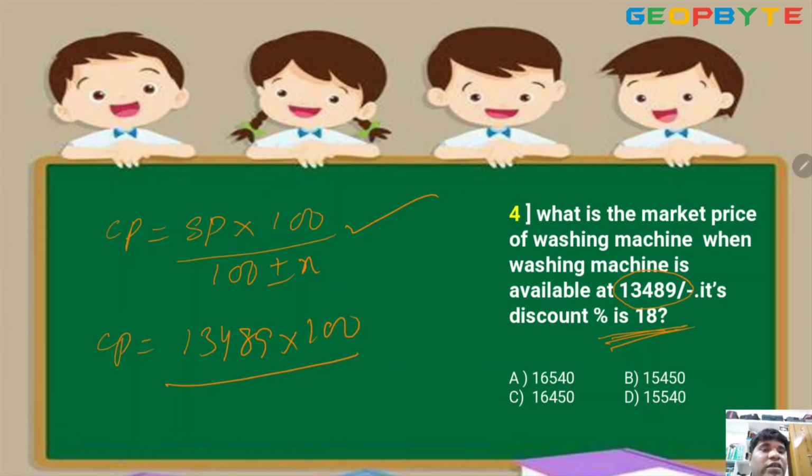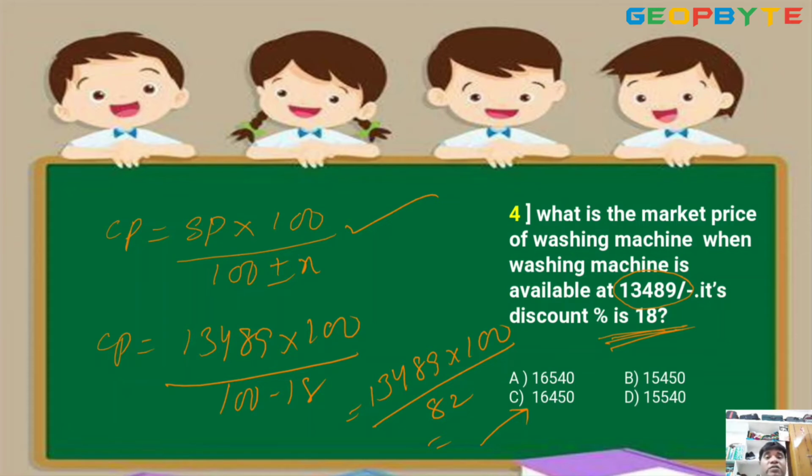Here 18% discount, 100 minus 18. So 13489 into 100 by 82. After simplification, this is the answer. Cost price means completely 100%. More or less directly multiply.